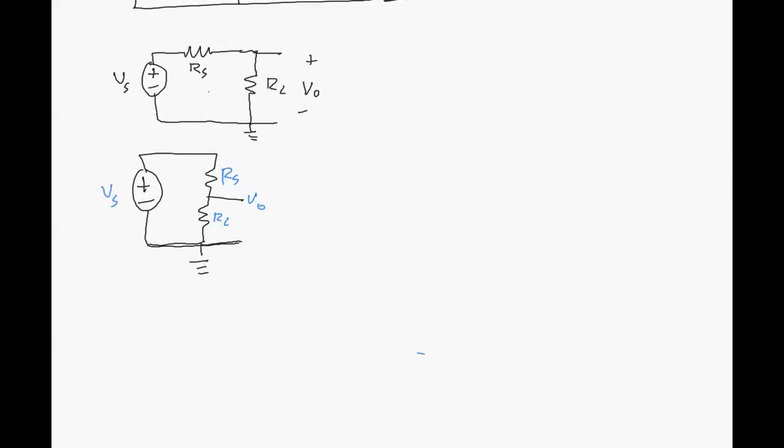So how do we find V out? Well, V out is just the divider, whichever circuit we look at. So I'll write it up here.